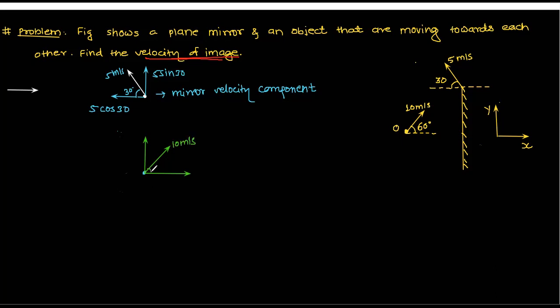Yes, and this angle is how much? 60. This one is what? 10 cos 60. This one is 10 sin 60. And this is for which one? This resolution is for object velocity components.